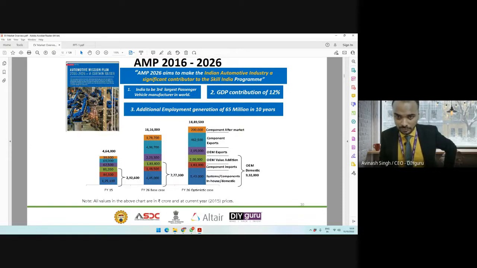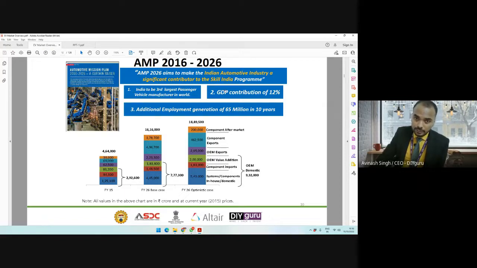Even Vietnam is going far ahead in terms of manufacturing. So that is the main focus in these 10 years, which we are staying in, right?